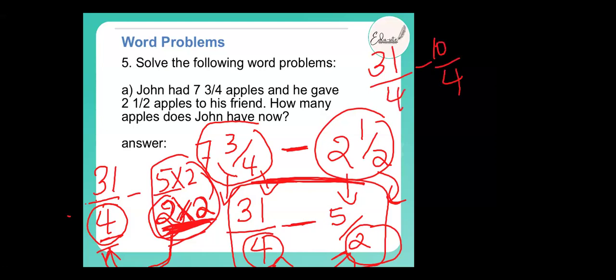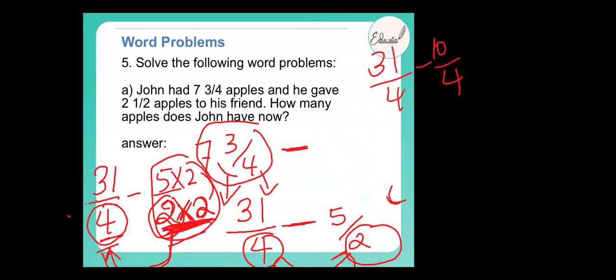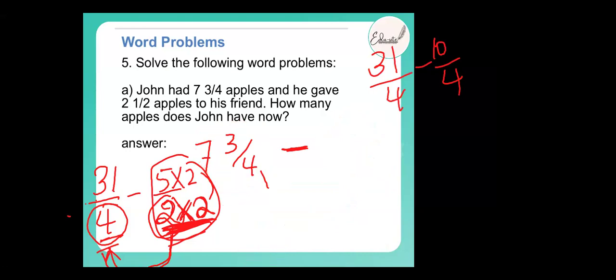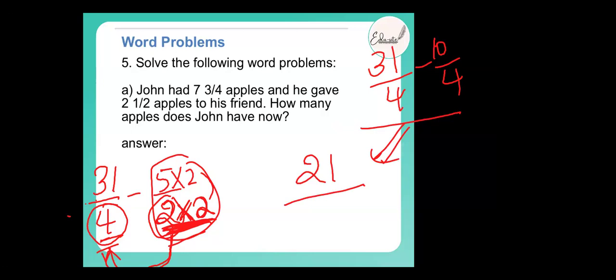Now write the final answer. 31 minus 10, now it is easy. 31 minus 10 is 21. No, you are not going to subtract the denominators.